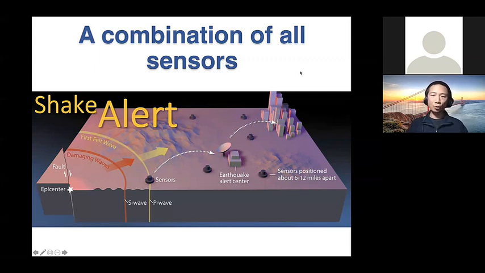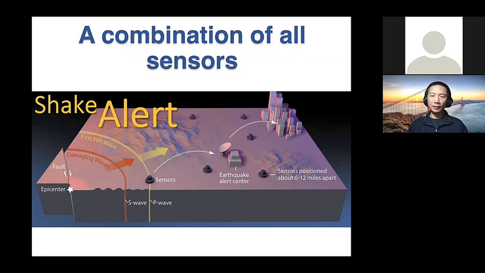This signal travels at the speed of light, while the seismic waves travel at the speed of sound. So when the warning message arrives at the cities, at some places it can even give a few seconds before the seismic waves arrive. This is the early warning system.